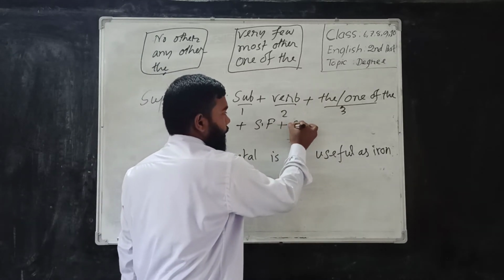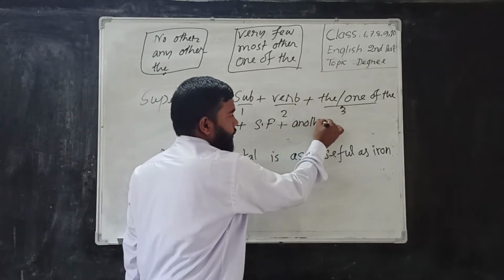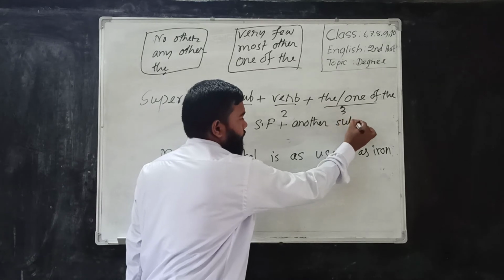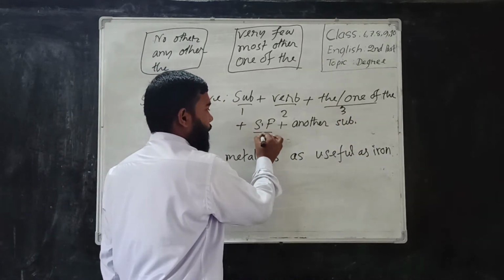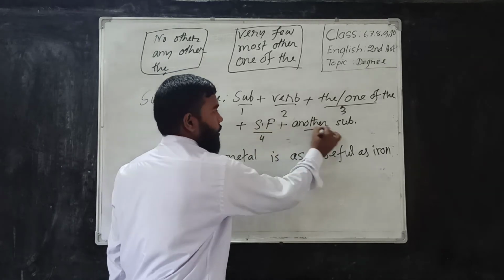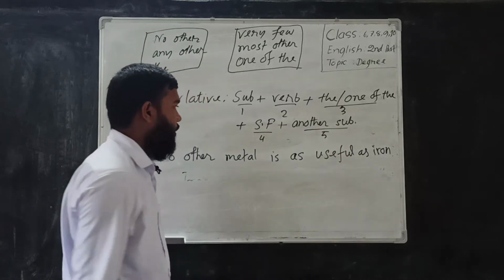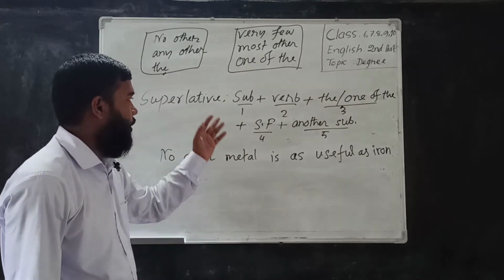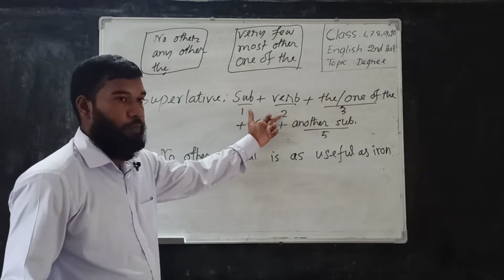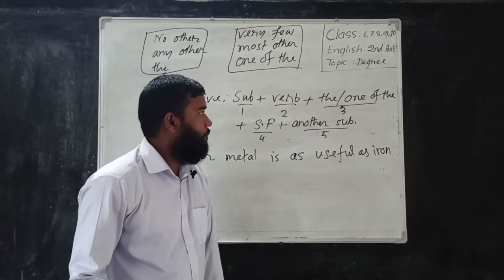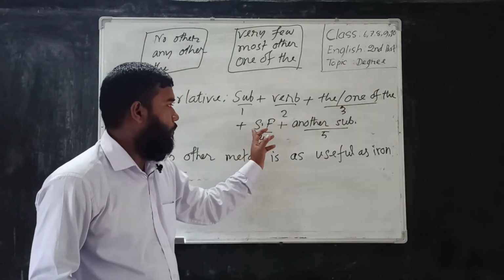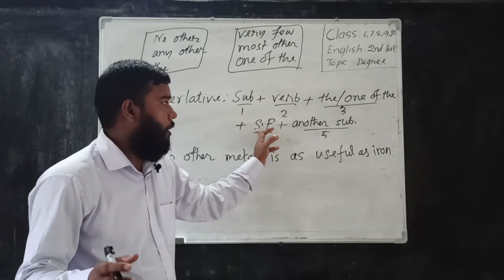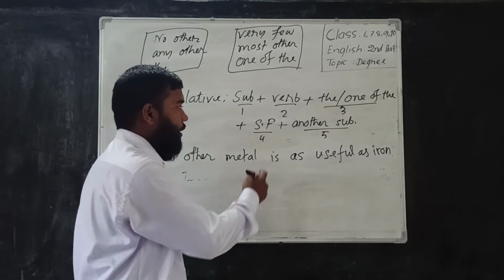Then another subject. Okay, dear students, it has 5 steps. Let's see the structure. First step subject, then verb, next third step the or one of the, fourth step superlative form of adjective. Last and final step is another subject.